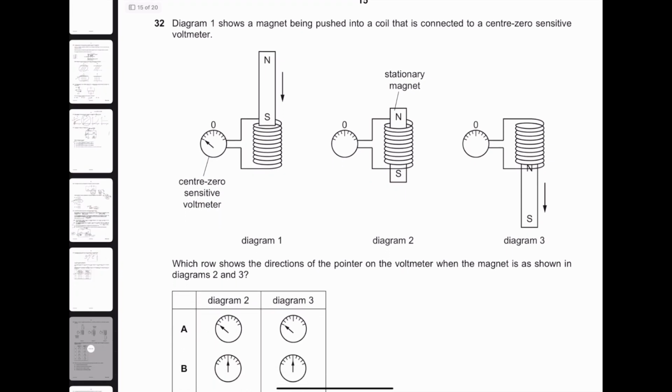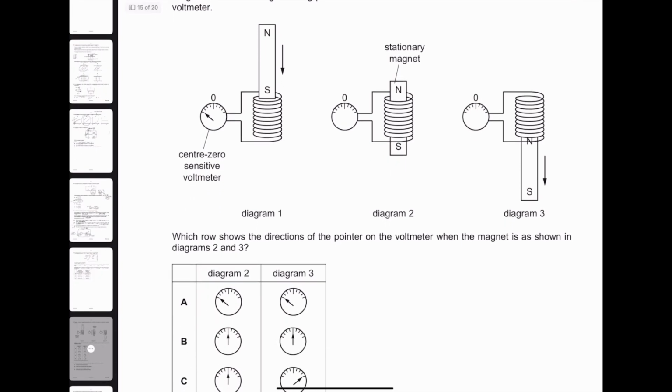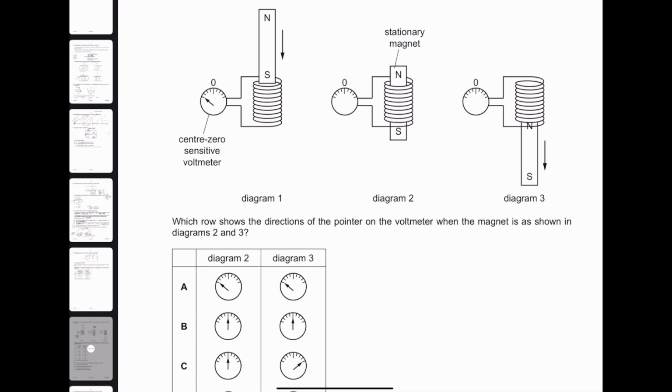The diagram shows a magnet being pushed into the coil, connected to a sensitive zero voltmeter. All right. So this is again a Lenz's law question. What you need to simply remember is the induced EMF is induced in the opposite direction. Now, what does opposite direction mean? Just think about it.